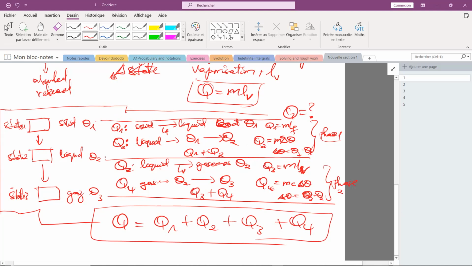This is a concept that most students don't understand. Whenever a substance is leaving from one state to another, it first changes state. When a substance is leaving, for example, from the solid state to the liquid state, it will first change state at the same temperature.